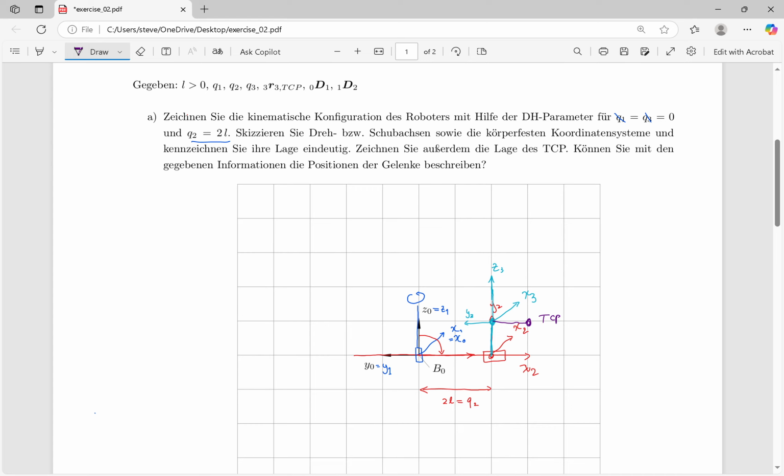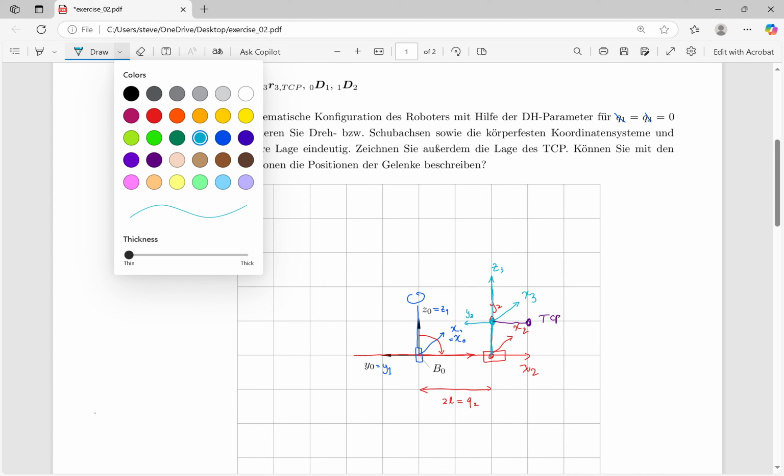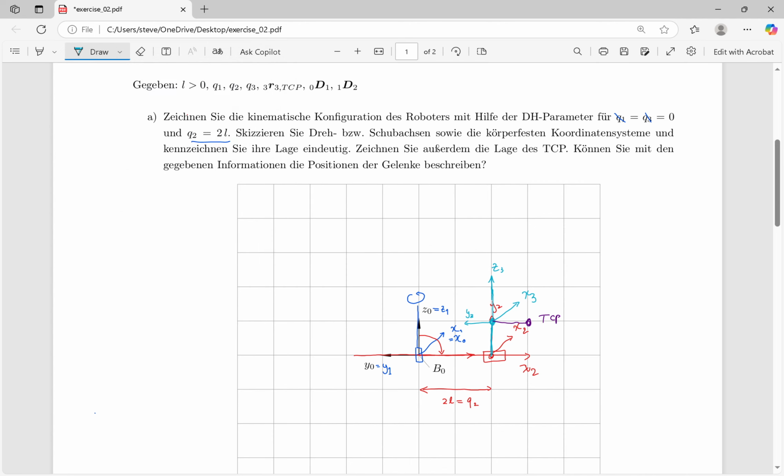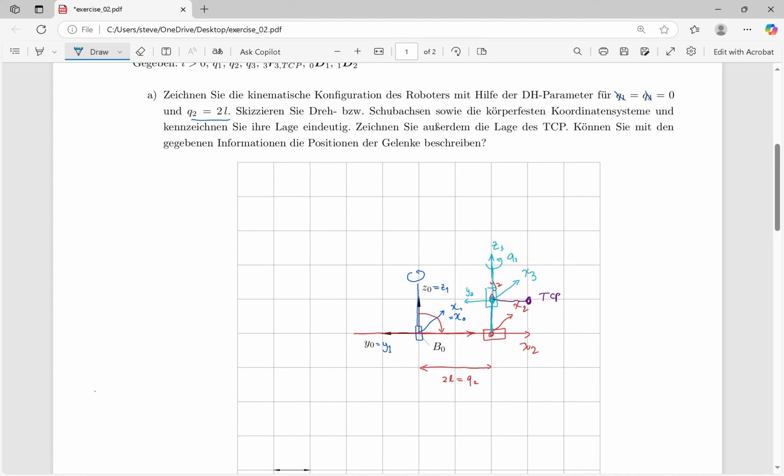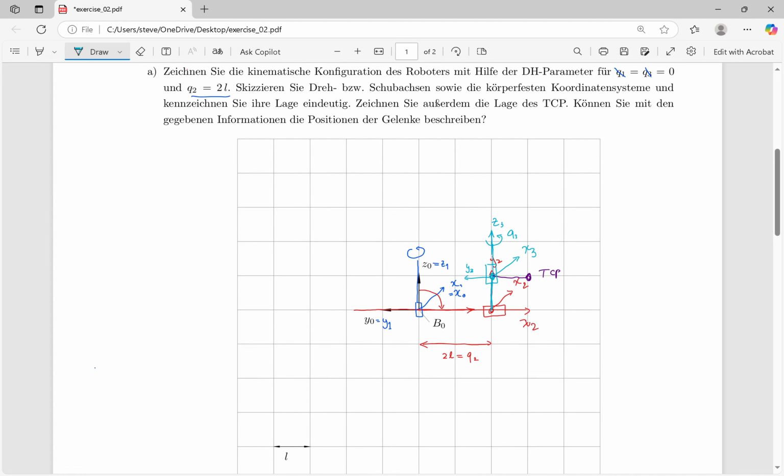Now, I forgot to draw in the axis of the third one, which is the translation axis. So this would be Q3. And this is how you solve this task.